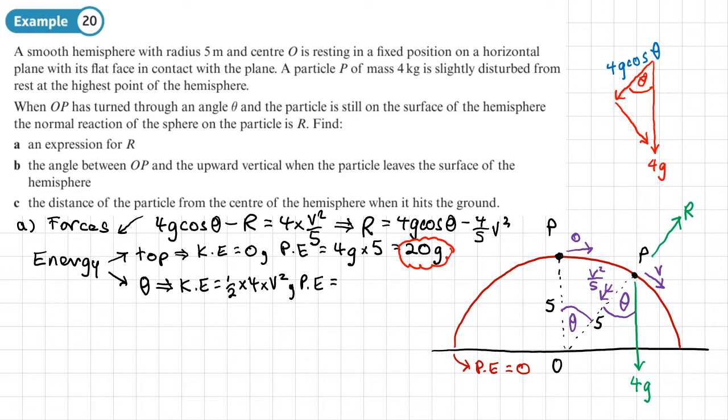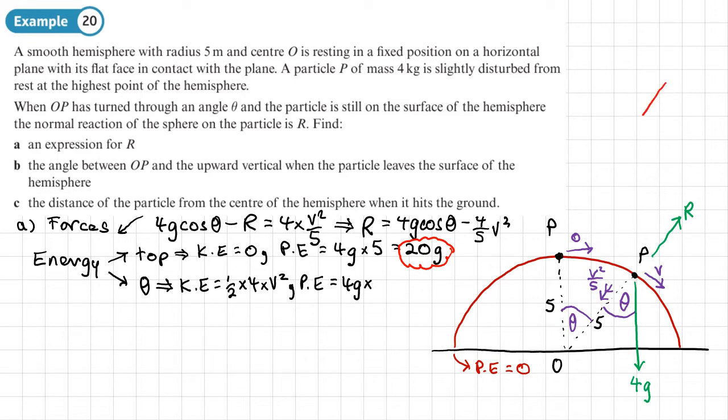So that will be 4g times its height above the center, which is going to be this height here, which is the same actually as this height. So what I'm going to do is draw another little triangle up here so you can see what we're actually working out to work out what h is.